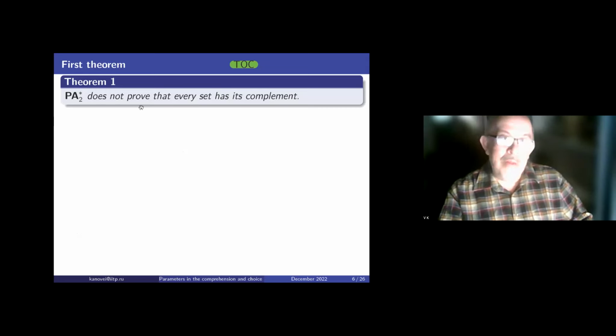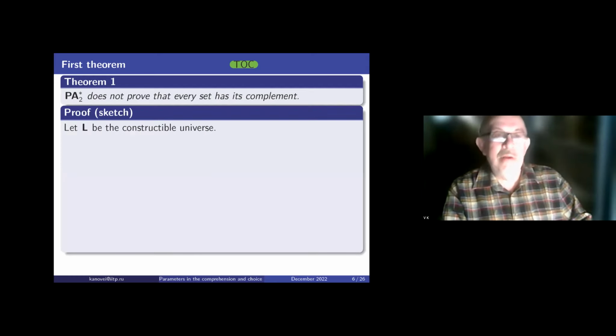Well, in fact, what happens? The parameter-free Peano arithmetic does not even prove that every set has its complement, which is maybe the most elementary form of comprehension.